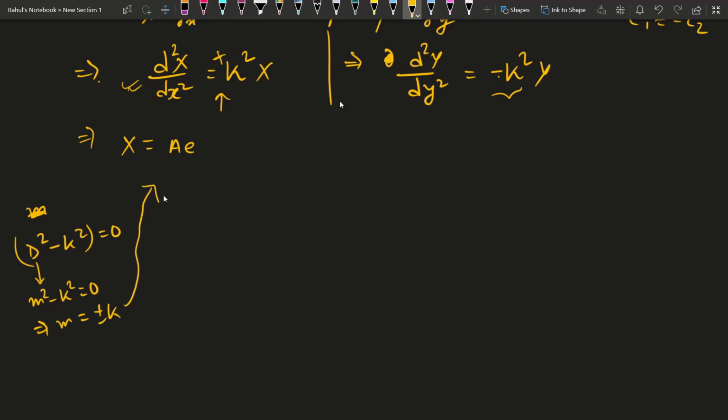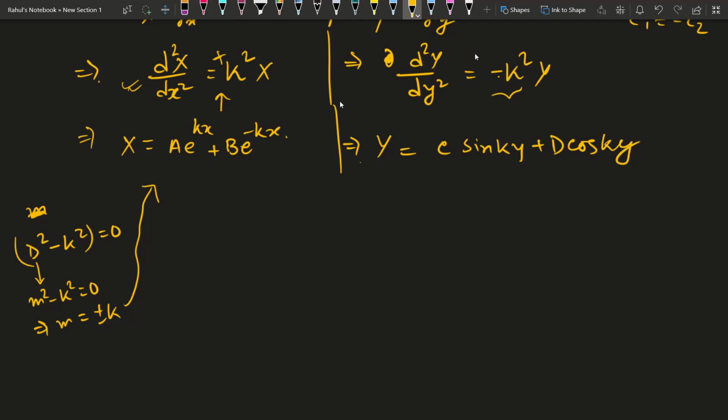So the general solution will be a e to the power plus kx plus b e to the power minus kx, and the other solution will be y equals c sin ky plus d cos ky, because here is a negative sign, so this becomes imaginary.